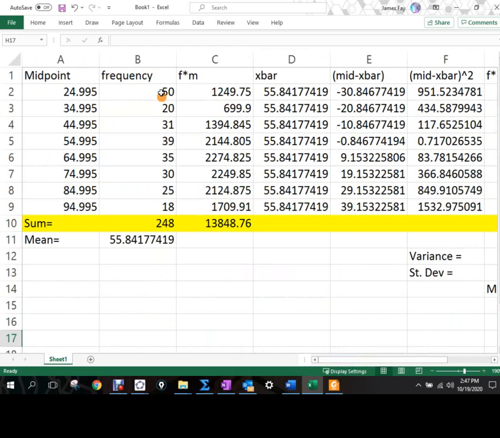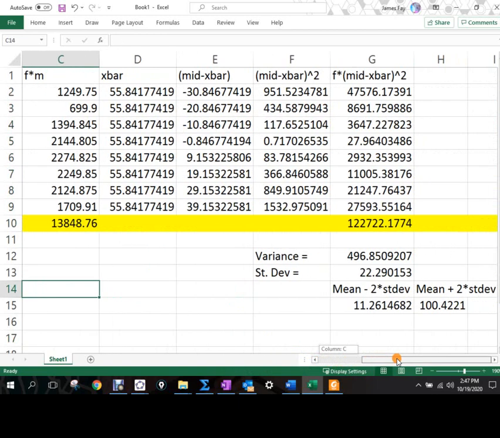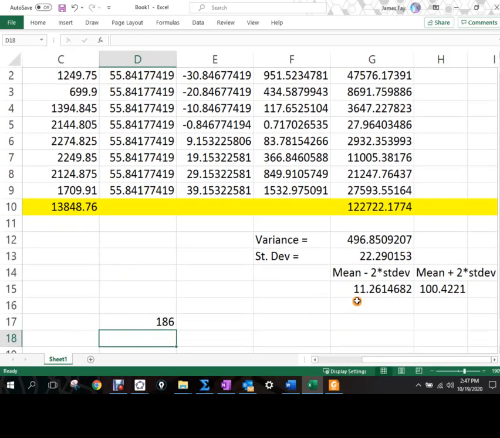If we knew what each of these 248 data points actually were, if we had the raw data, what Chebyshev is saying is that 75% of those, so 248 times 0.75, 186, at least 186 of our data values will fall between those two numbers. Does that make sense? Chebyshev's theorem guarantees that.